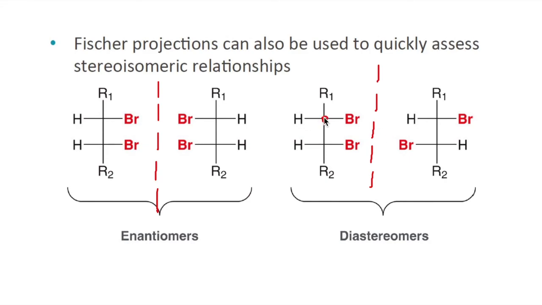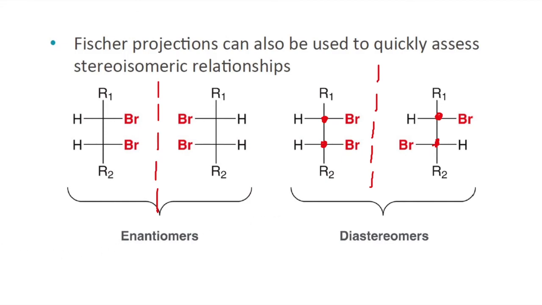So this center hasn't changed, but this center right here is flipped, right? So because not all the chiral centers in the molecule are flipped, this molecule is a diastereomer. So remember, in an enantiomer, all the centers are flipped, and in a diastereomer, not all the centers are flipped.